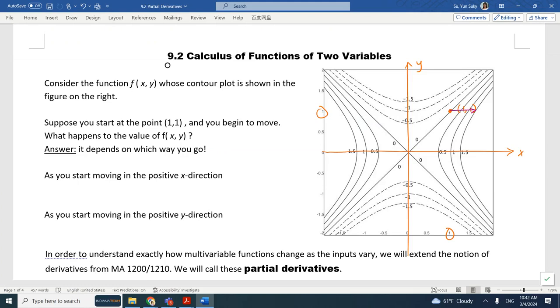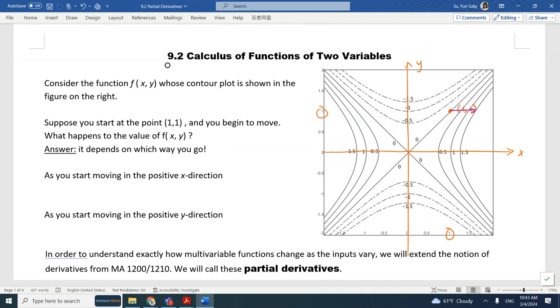In the level curves, we're standing at this point. If we move in the positive x direction, what happens to my height? It goes up. Up to here is 0.5, here is 1, here is 1.5. Right?